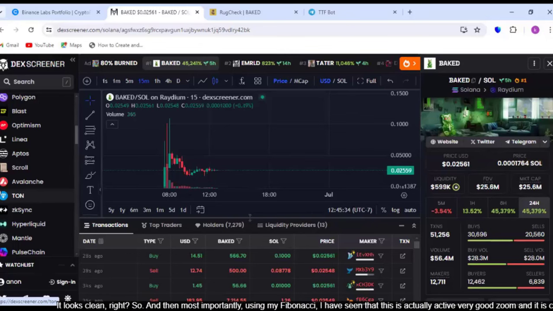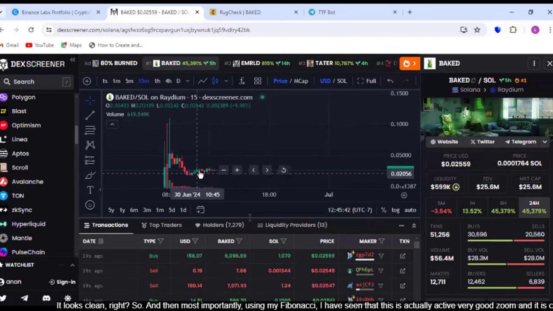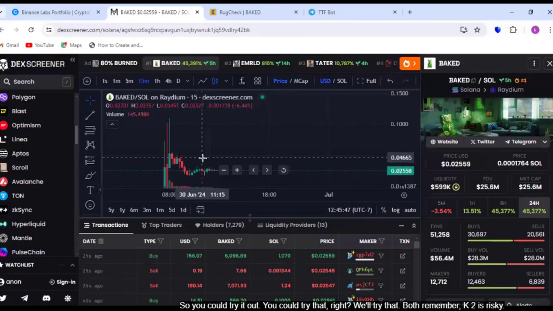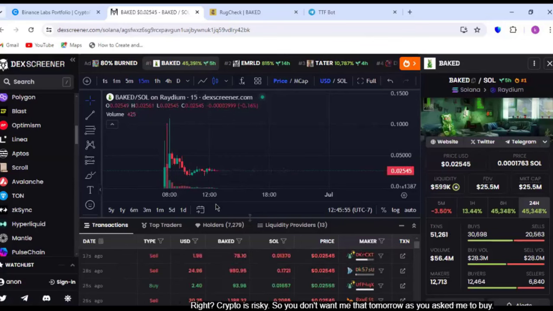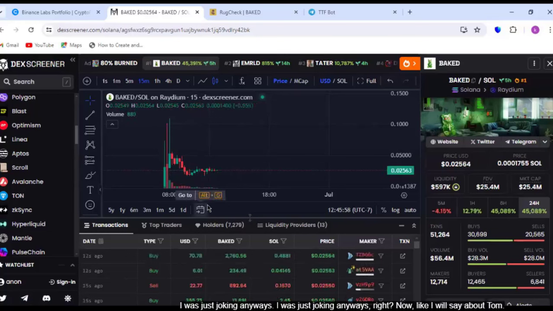And most importantly, using my Fibonacci, I have seen that this is actually at a very good zone, and it is consolidating already. So you could try it out. But remember, crypto is risky, so you don't want to come tomorrow and say, you asked me to buy. I was just joking anyways.